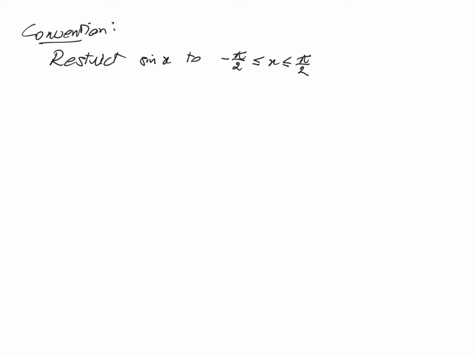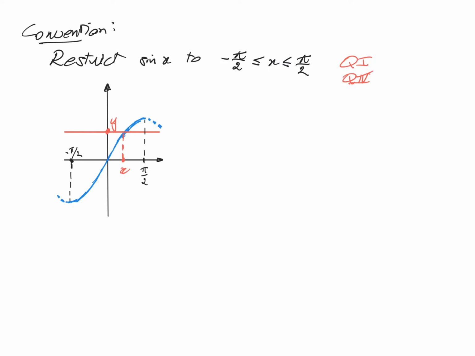So similar as before, we are looking in the quadrants 1 and 4, because these cover all the possible outcomes of sine x. As you can see on the drawing, if we now have a y value, the input associated with it is unique. Let us denote the inverse by sine minus 1, also sometimes called the arc sine, or the inverse sine function.